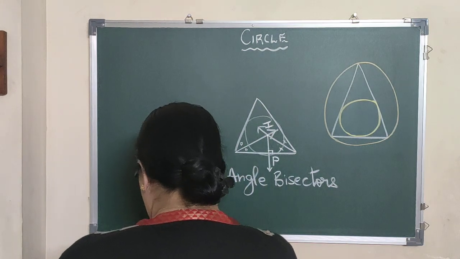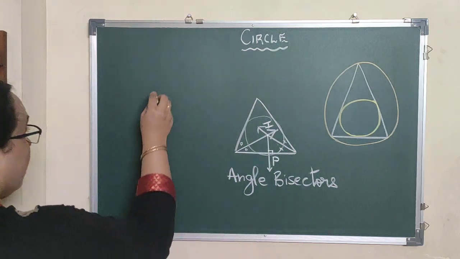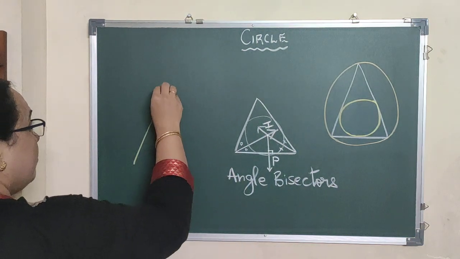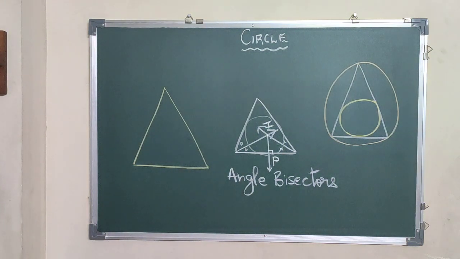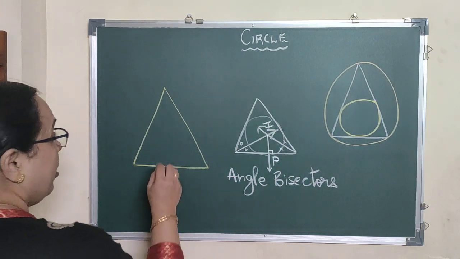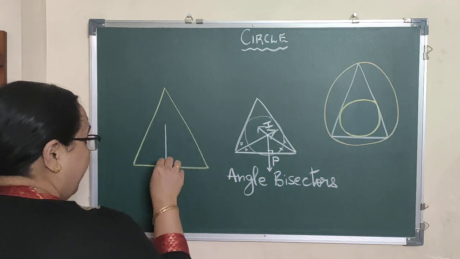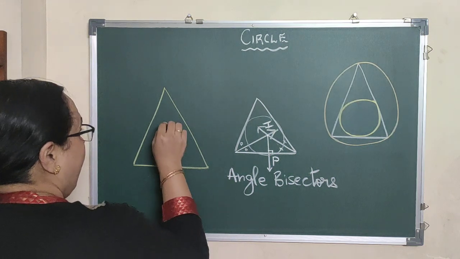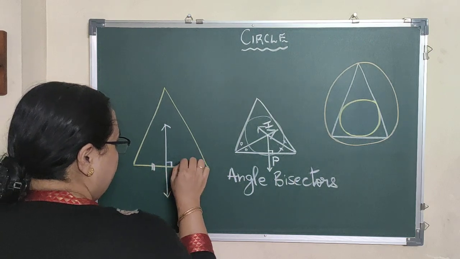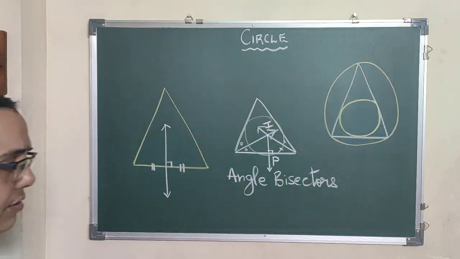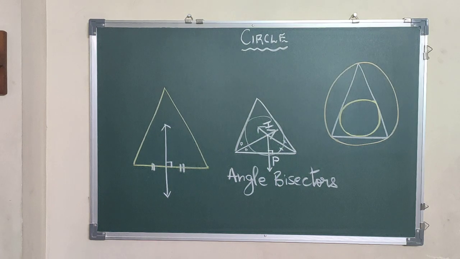Going further to talk about the circumcircle. Whenever we have to draw a circumcircle, here we draw the perpendicular bisectors of any two sides. I hope all of you agree that the perpendicular bisectors of all the three sides of a triangle are concurrent.